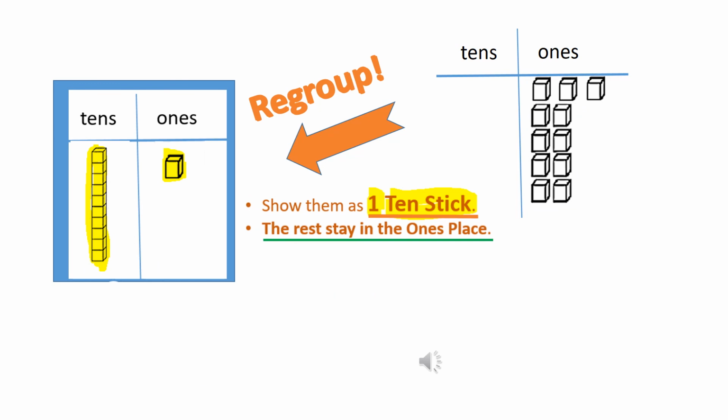Show the 10 ones that you moved into the tens place as 1 10-stick. The rest stay in the ones place. In this problem, there was 1 cube left over, so it stays in the ones place.